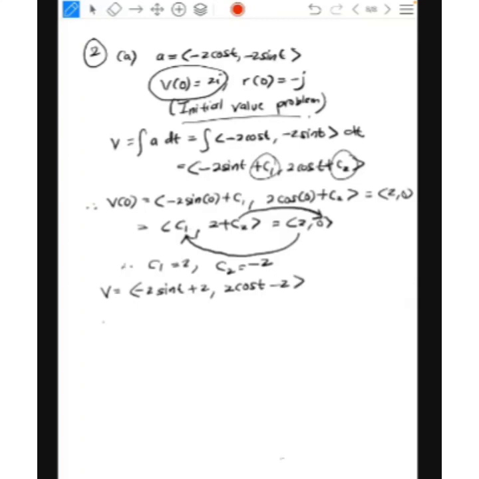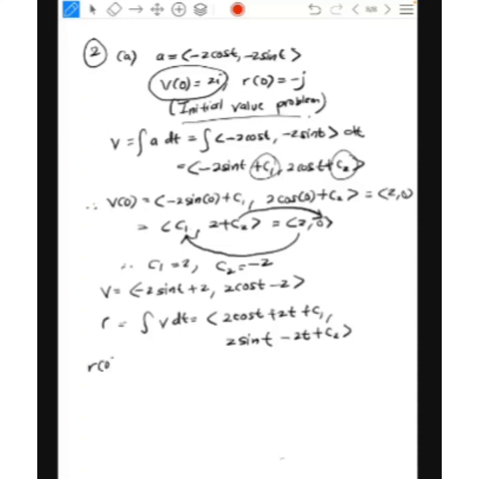And then to find r, we have to integrate v once more. So we integrate the above. Integrating sin gives negative cos, so negative becomes positive: 2 cos t plus 2t plus c1 again. Integrating cos gives sin, so 2 sin t minus 2t plus c2.